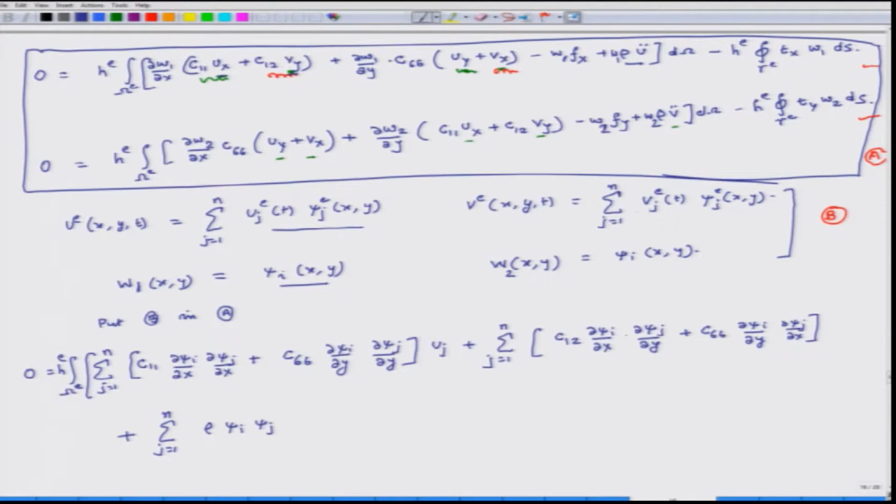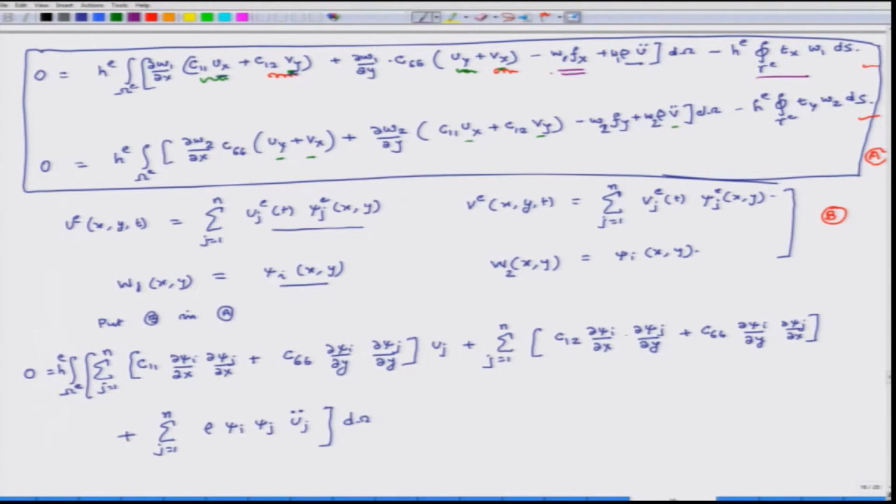Uj will get differentiated twice, right. So, it will be Uj double dot, and this entire thing is integrated over the domain d omega. I still have not taken care of W1 fx and this boundary term.